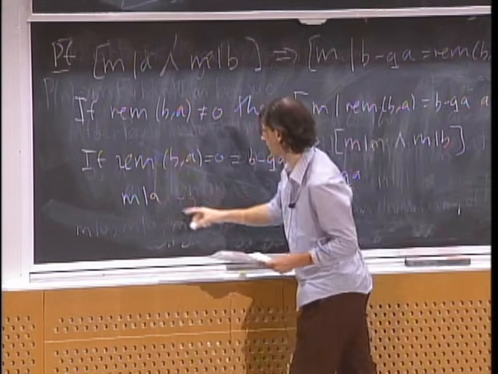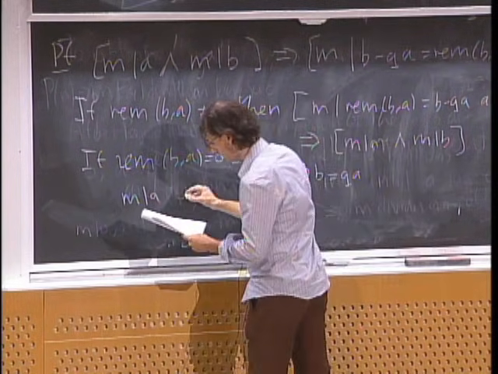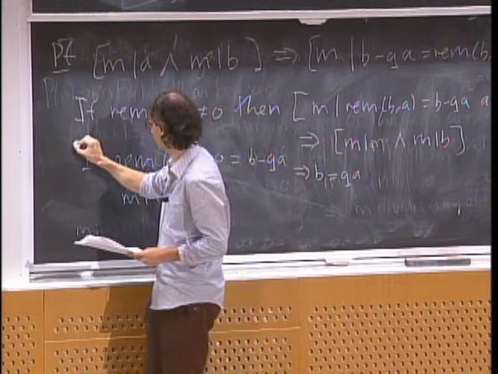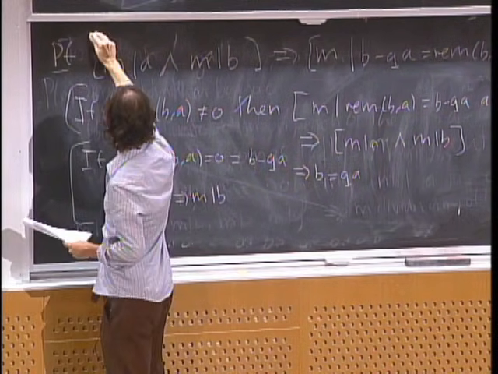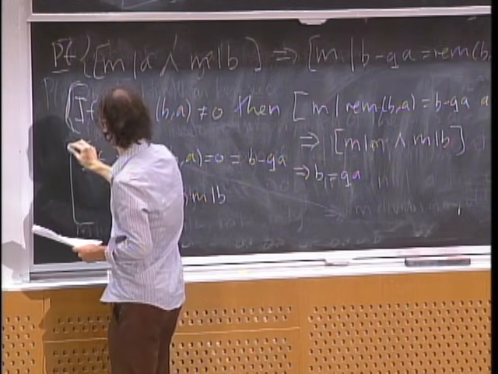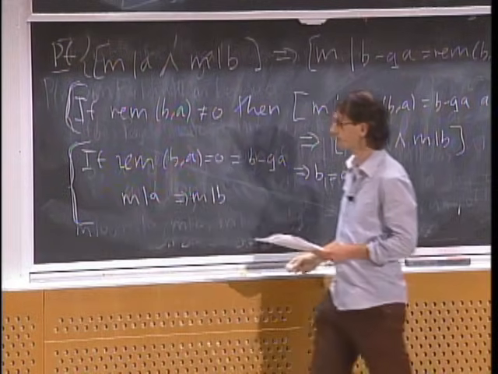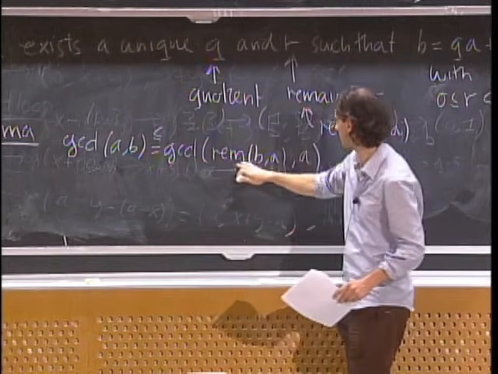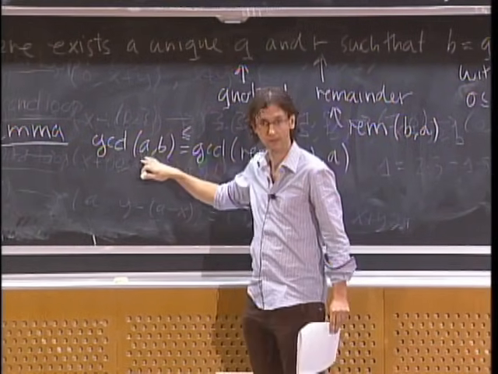So if m divides a, I also know that m divides b. So this is one argument. This is another one. And these are the 3 arguments that now show that anything that divides these two also divides a and b.